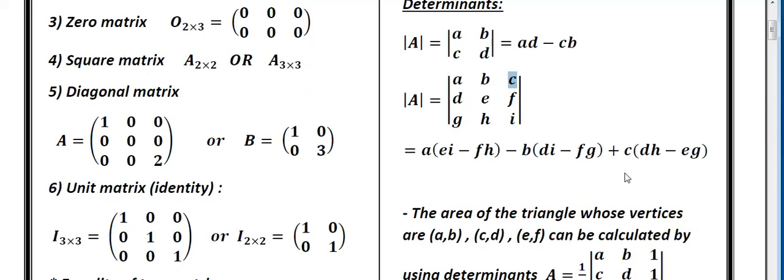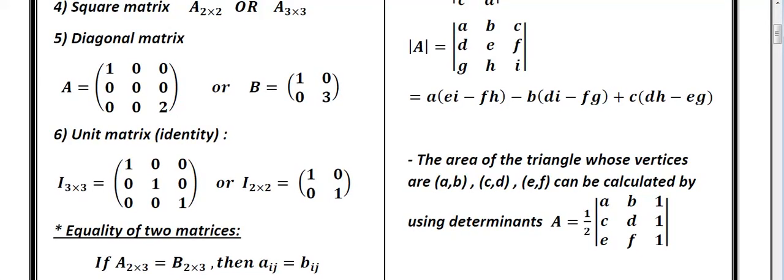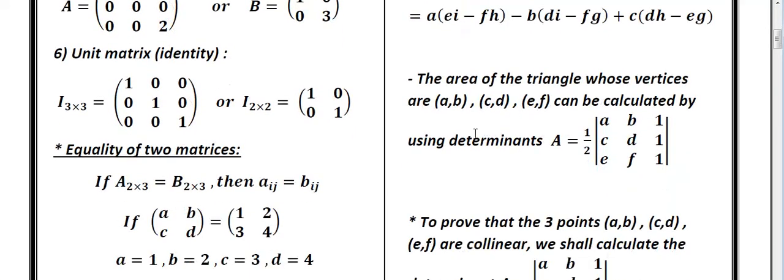And you must know the area of a triangle. Any triangle with vertices (a, b), (c, d), (e, f) can be calculated by half, write half here, and the points a, b, c, d, e, f, and write 1 in the third column.